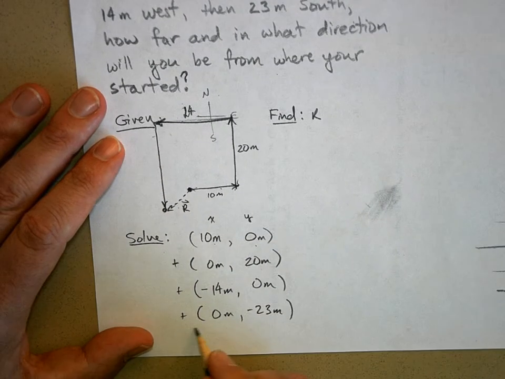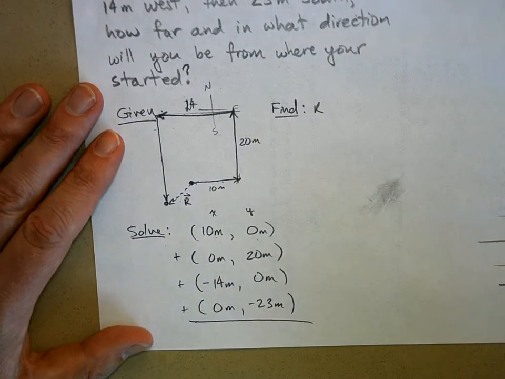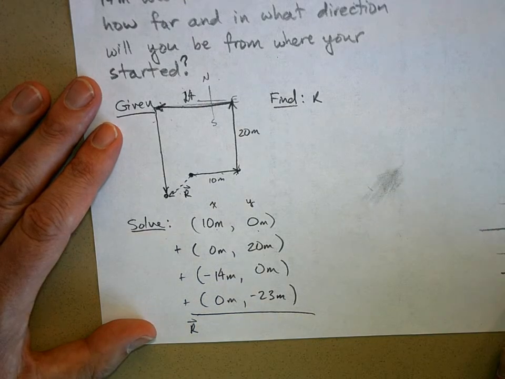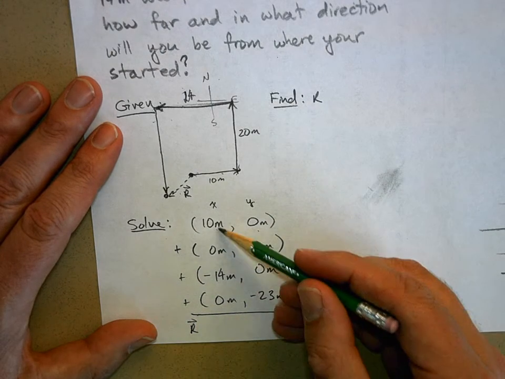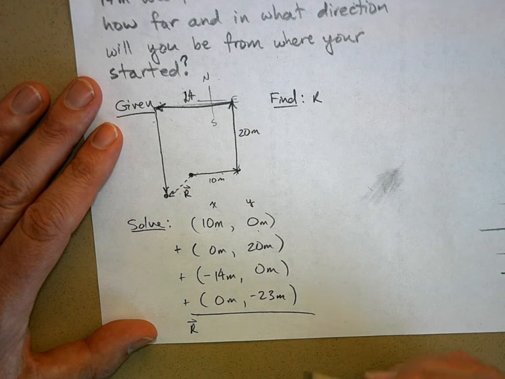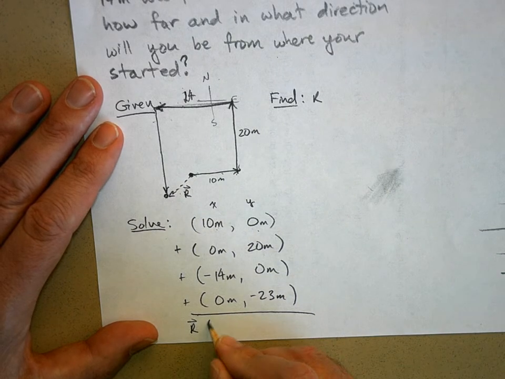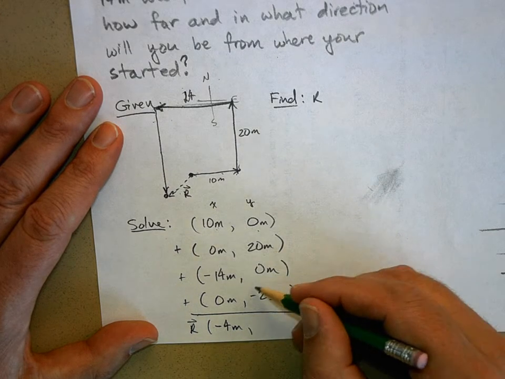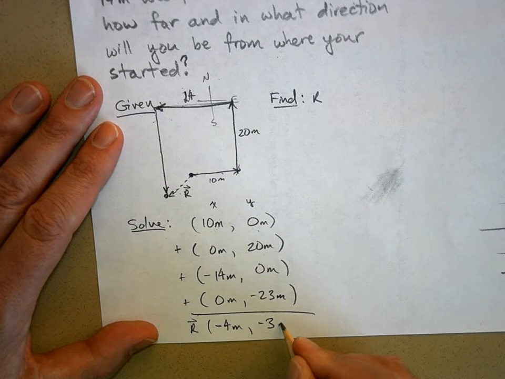And now we can just add them all together to get our resultant vector in rectangular coordinates. And so, 10 plus negative 14 is negative 4. And then 20 plus negative 23 is negative 3 meters.